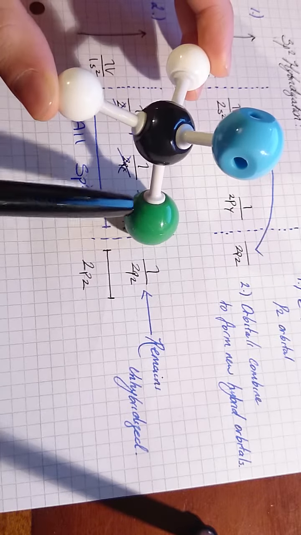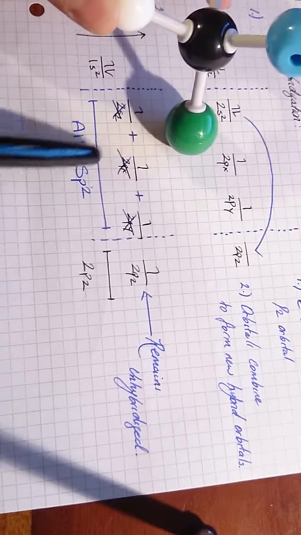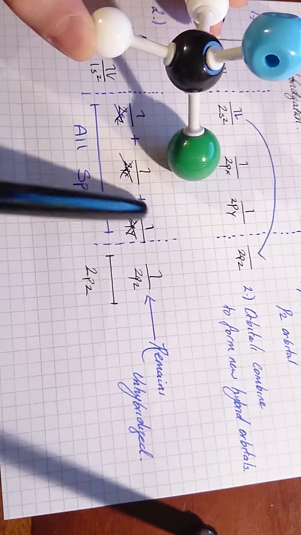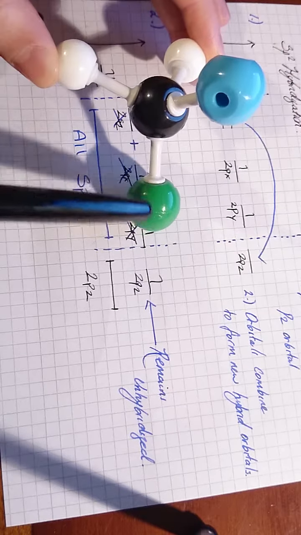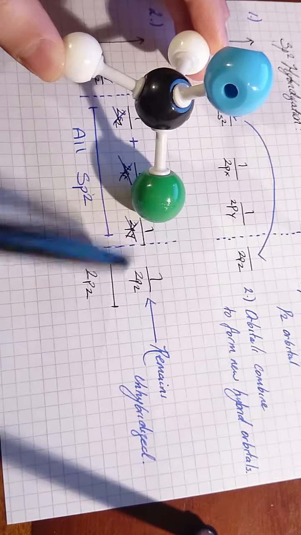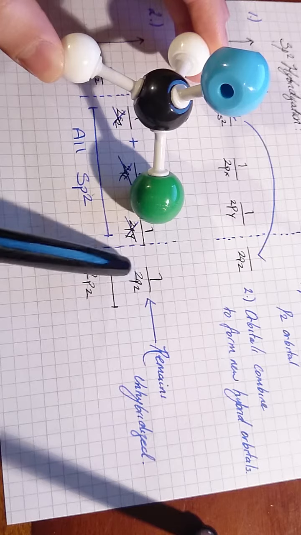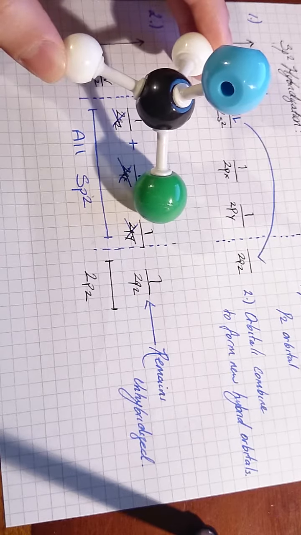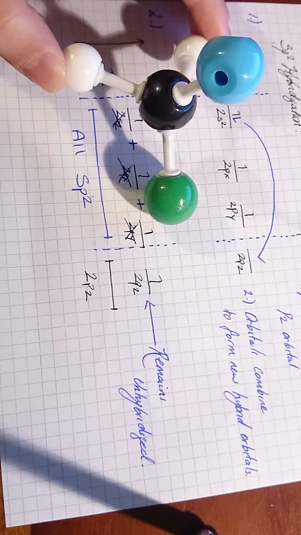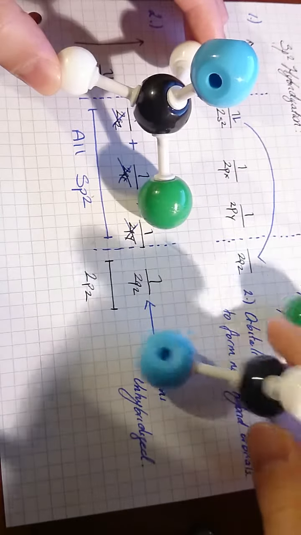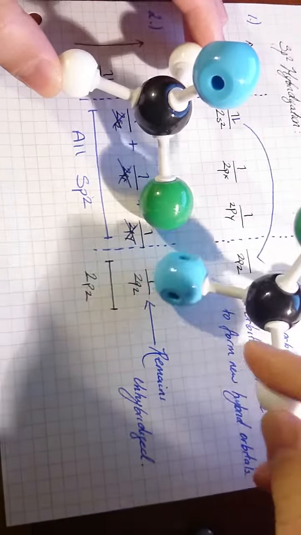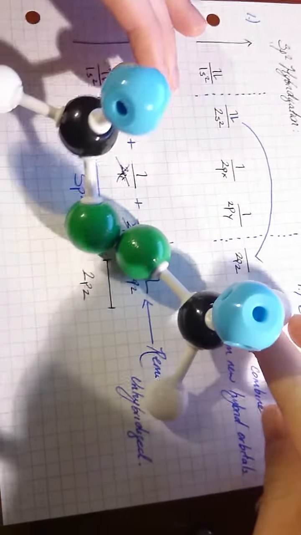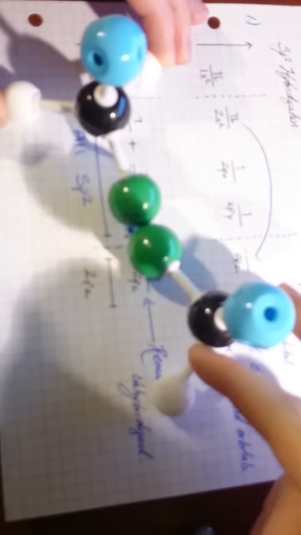This is the sp2 orbital here, and this blue one here is the 2pz orbital. Now I also have the same for this side as well. The blue is the p orbital and the green is the sigma orbital.